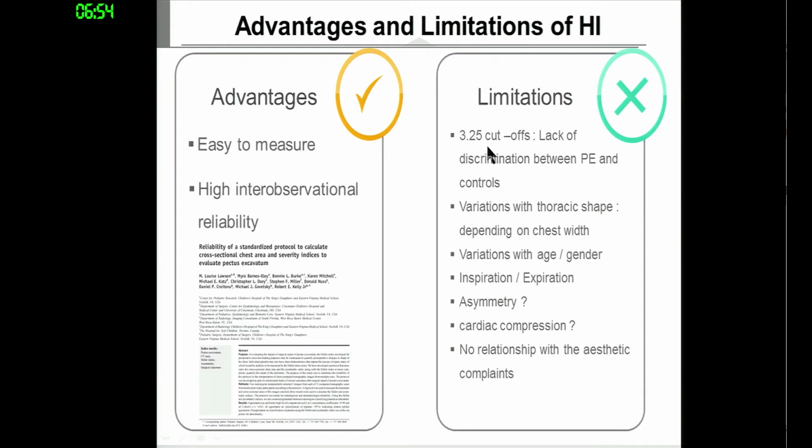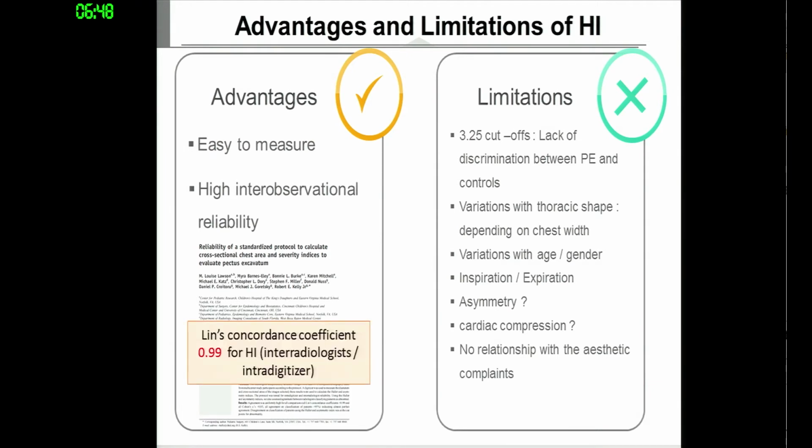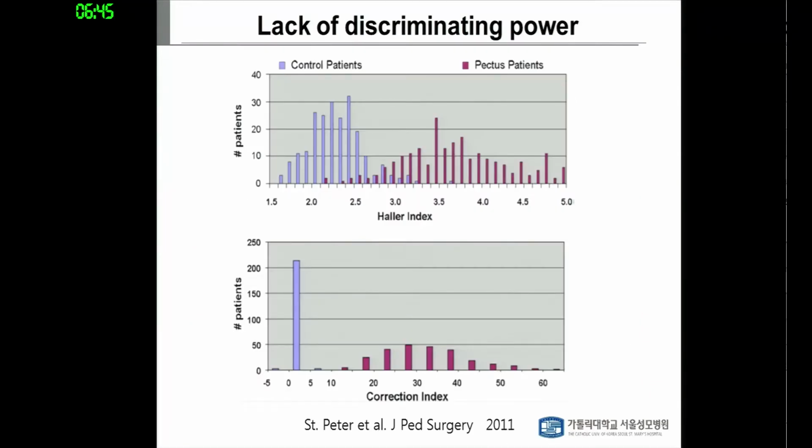However, as many researchers have pointed out, there are several issues. Let's start with the cutoff point. Is there really convincing, sound evidence regarding the Haller index providing accurate information to guide surgical indication? The most widely known cutoff point is 3.25, but other researchers propose different values, such as 2.7, 3.2, or 3.1.